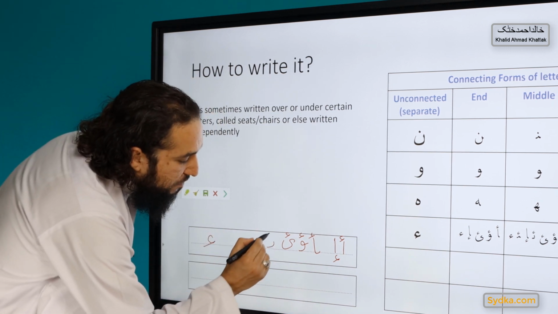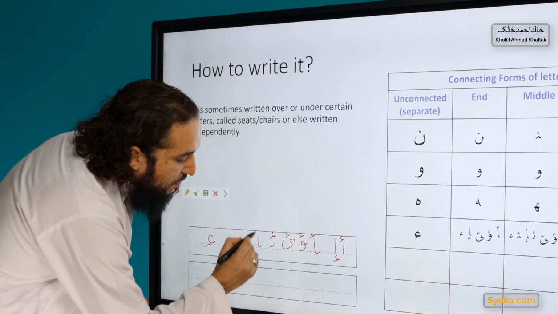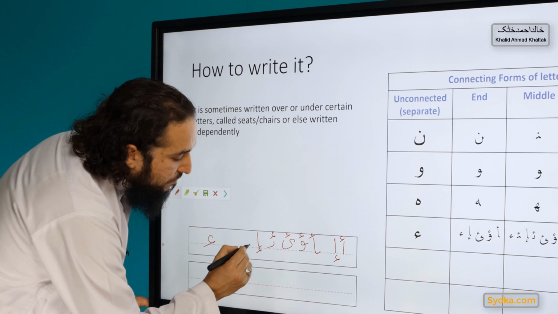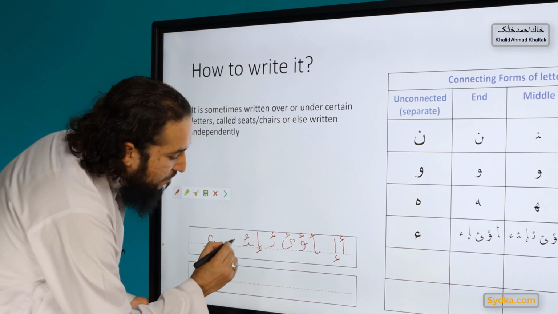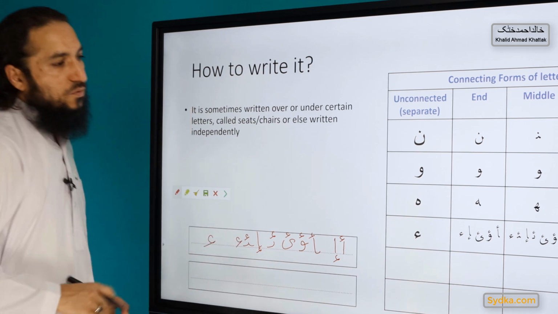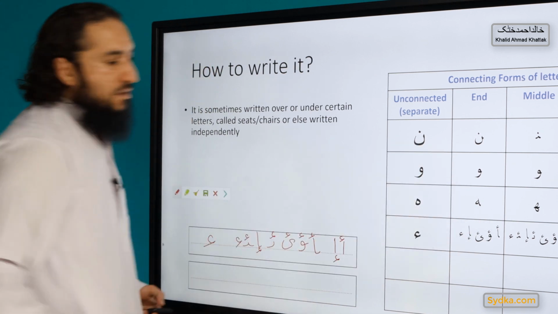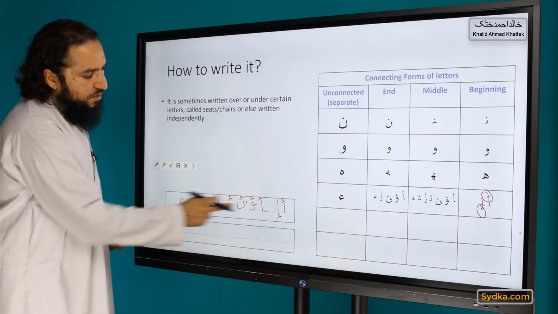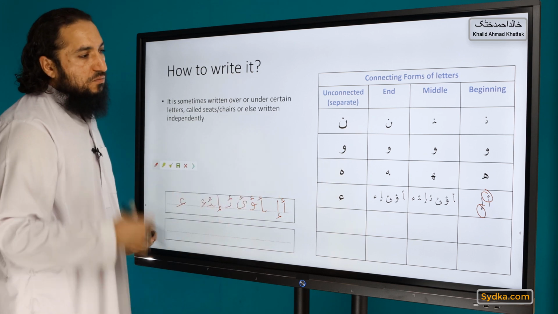Similarly, this one, below it. And sometimes you can write like that as well. So the middle and the end are the same. You will see all these in real text. That's why I put all the examples there, so you're aware of them.